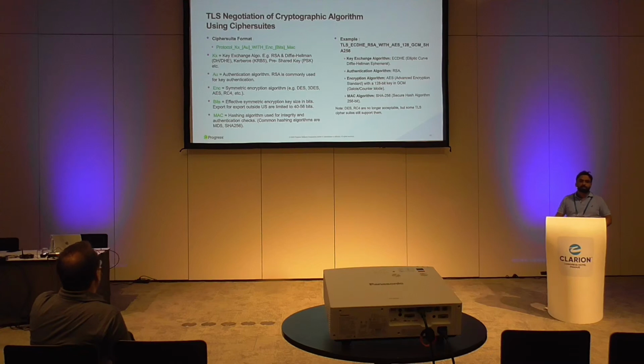We have CBC also and some other modes. So this AES 128 GCM is the encryption algorithm, and it will use the symmetric key which was exchanged using that ECDHE. And the last one is MAC. On the right side, we are using SHA-256, so we are using SHA-256 for the message digest purpose here. Okay.